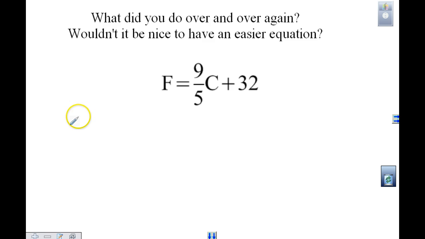So take F. The first thing you want to do is subtract 32 from it. And then you multiply it by 5/9.